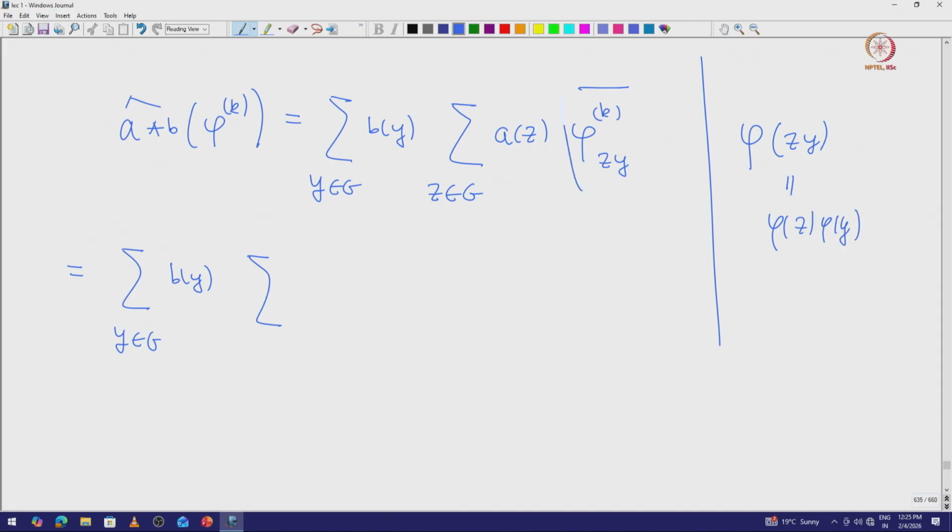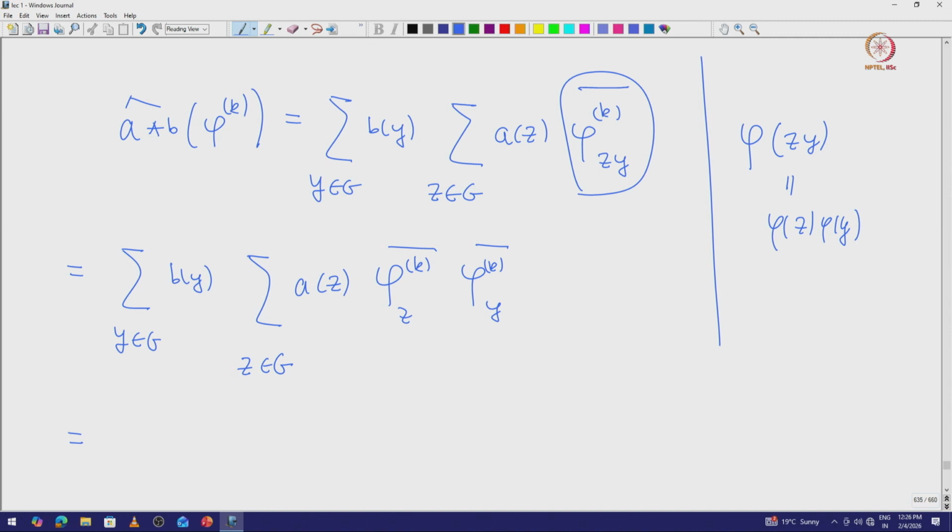That means I can replace it by phi z k and phi y k. So this is going to be A z phi z k bar and then phi y k bar, where z comes from G. Now if we closely look at it, I can take out phi z.